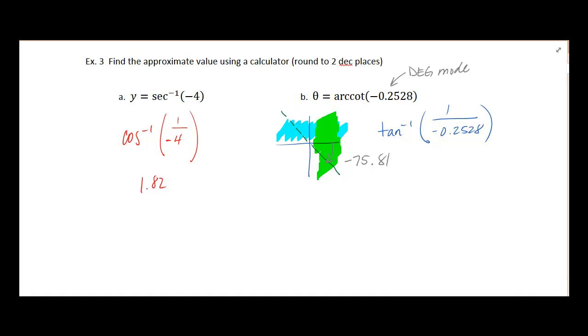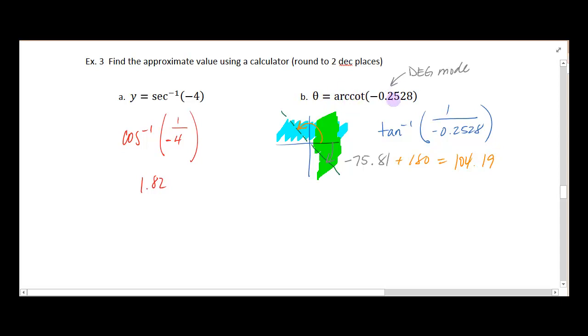So I'm going to add 180 degrees, and you'll see that this angle up here now becomes 104.19. Okay, so this angle right here is 104.19, which is theta, the inverse cotangent of that right there.